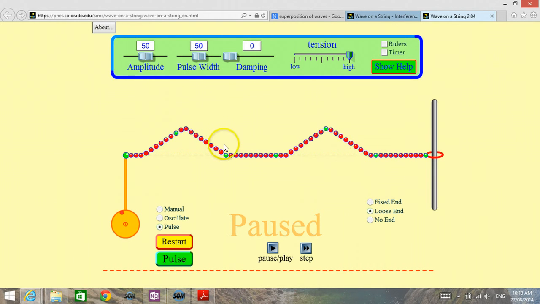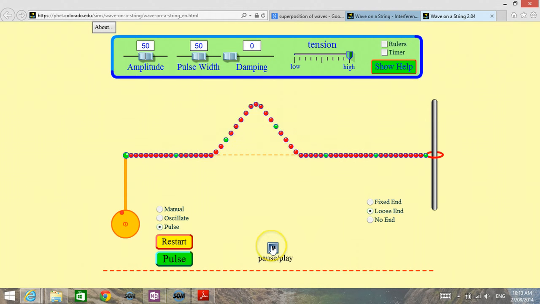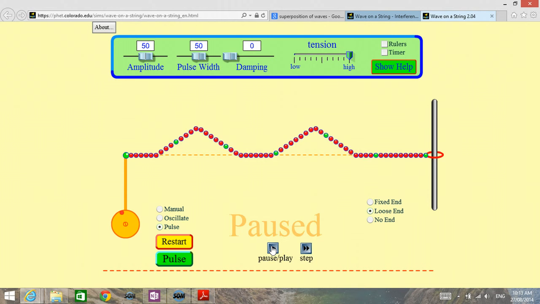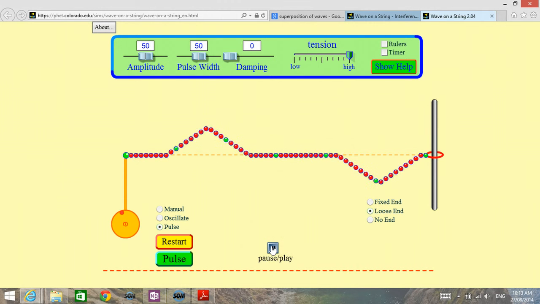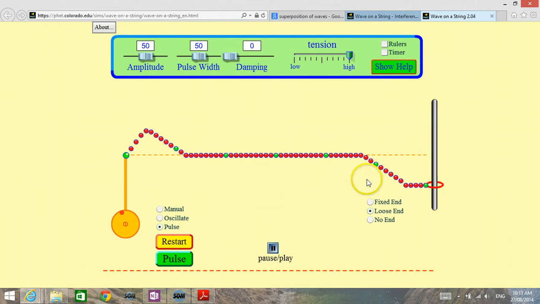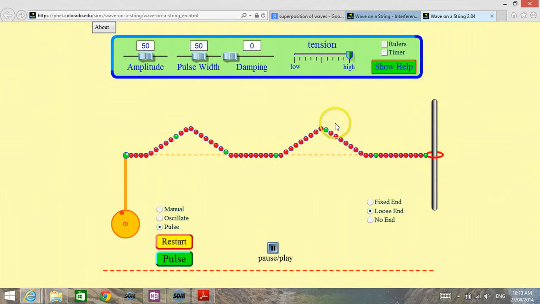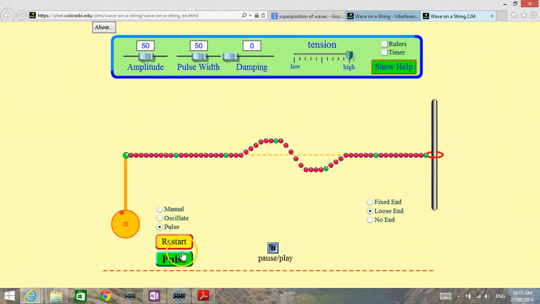They come in phase, and when they meet, the particle in the center jumps up higher. That's constructive interference, antinodal points. You see that? So when they come in phase, they jump higher.